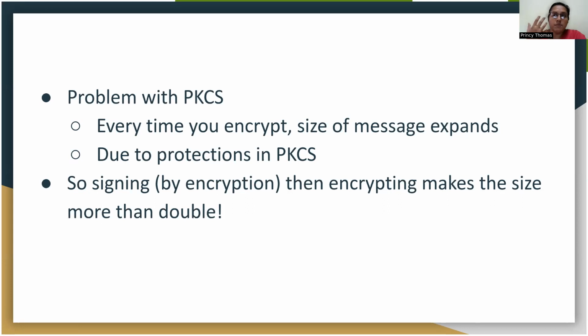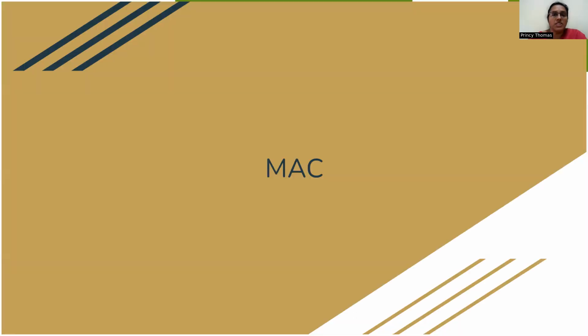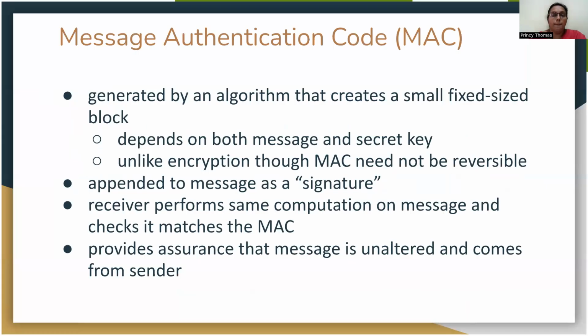This is because of the PKCS standards for protection. So if instead of using a digital signature algorithm, you use PKCS for signing, then it tends to make the size more than double. So that's the disadvantage of using PKCS for authentication and signature.